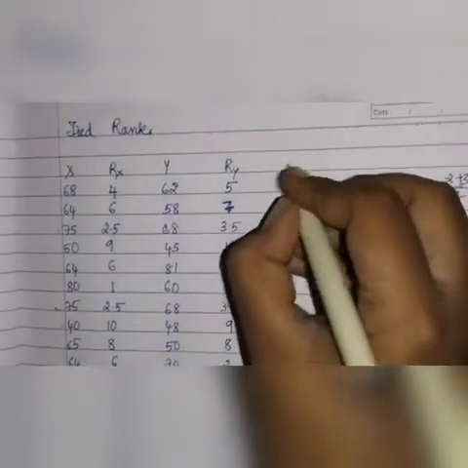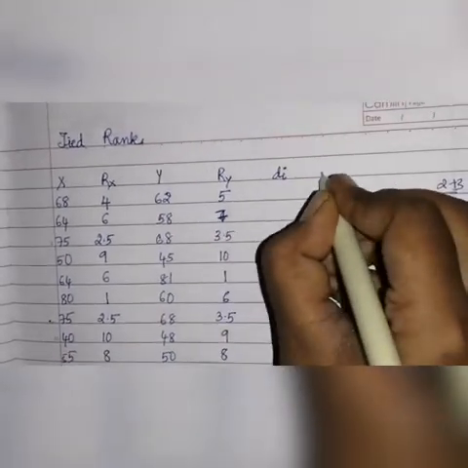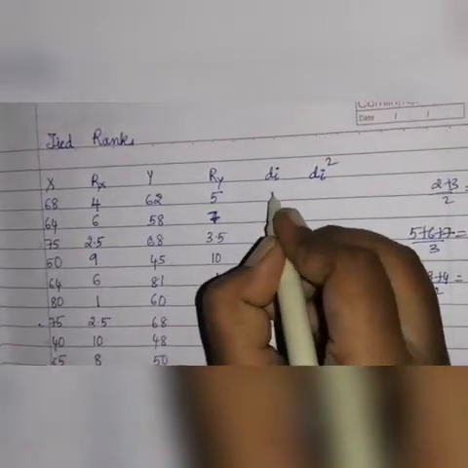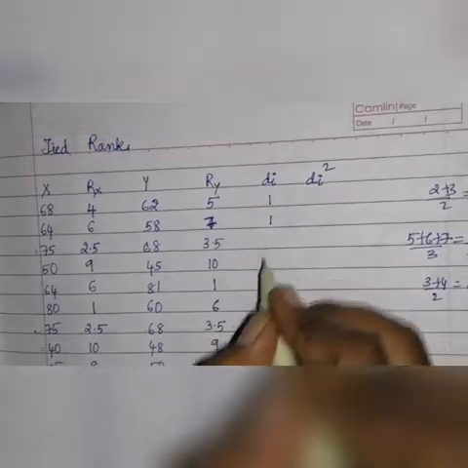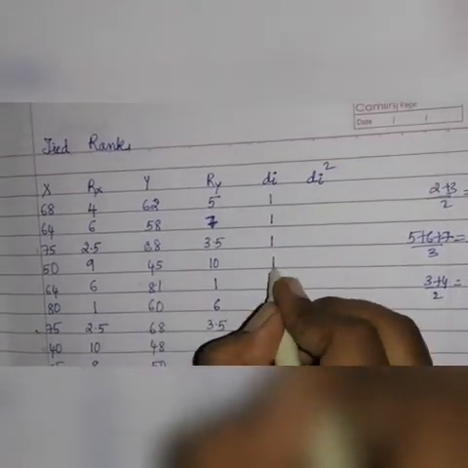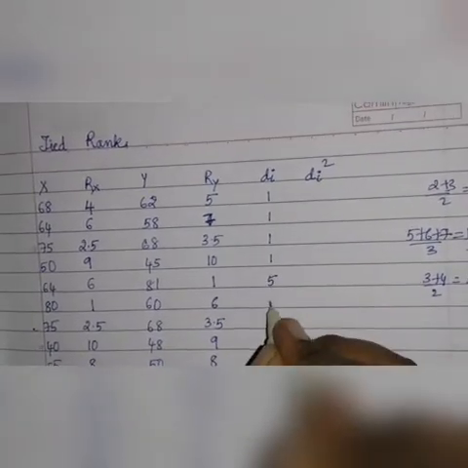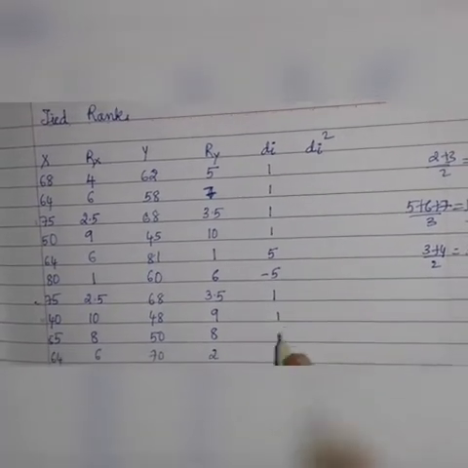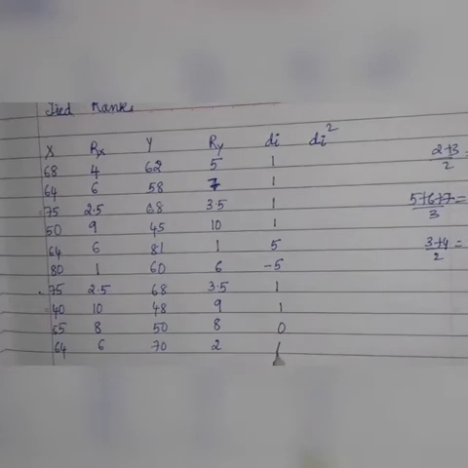Okay, now after ranking you calculate the di value and the di square, the difference between the ranks. So this will be 1, 1, this is 1, 1, this is 5 minus 5, 0, and 4.